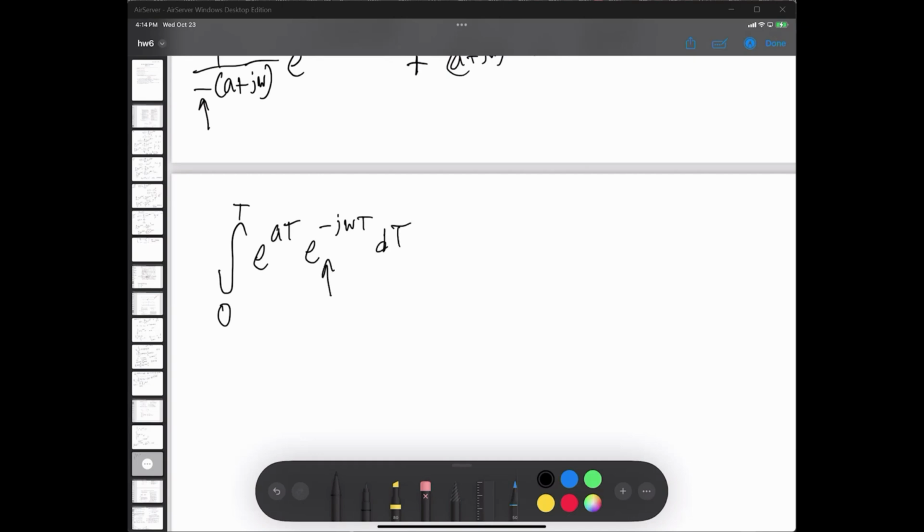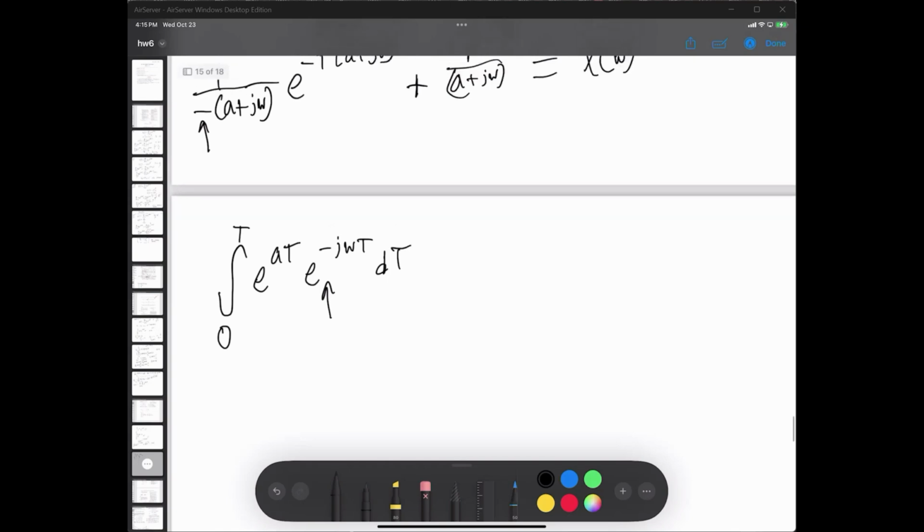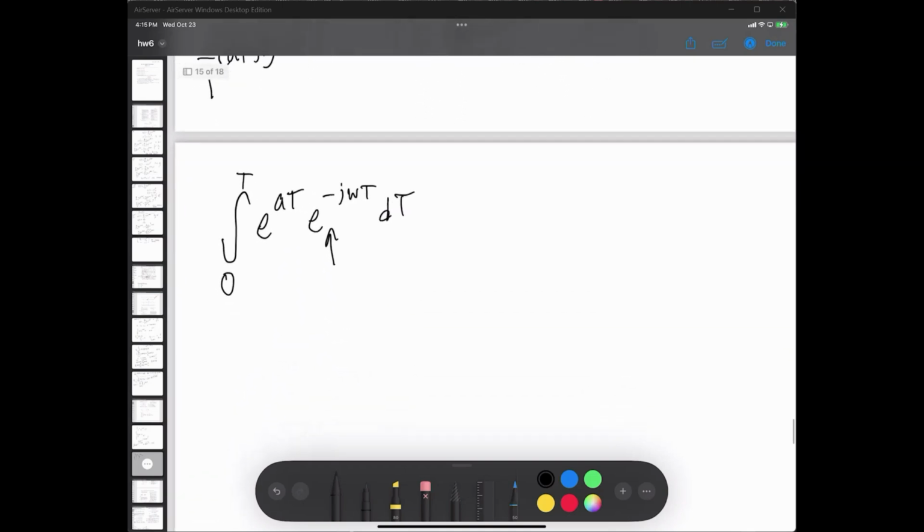This, to note, just like in Laplace, e to the negative st is our conversion, taking our function x of t to the frequency domain. We use the same function, e to the negative j, whatever the frequency being, for our periodic functions as well as we did up top, right?